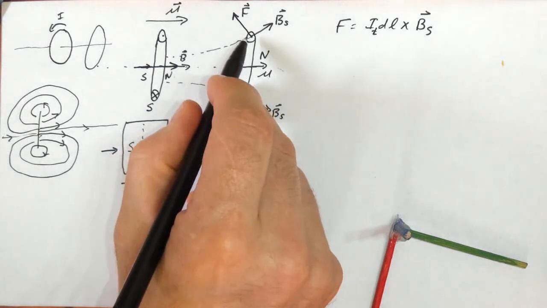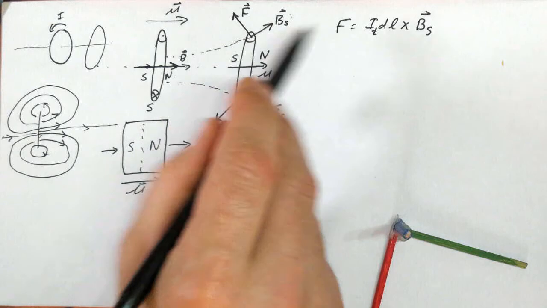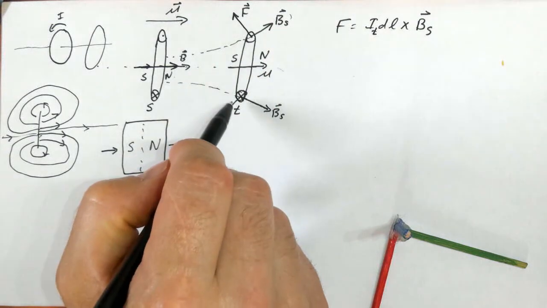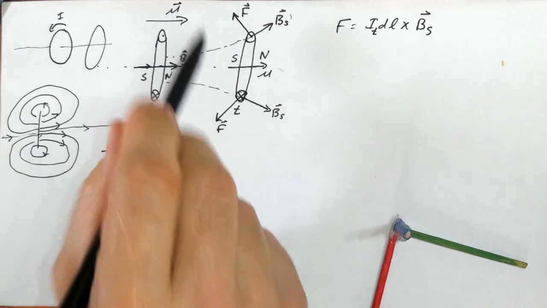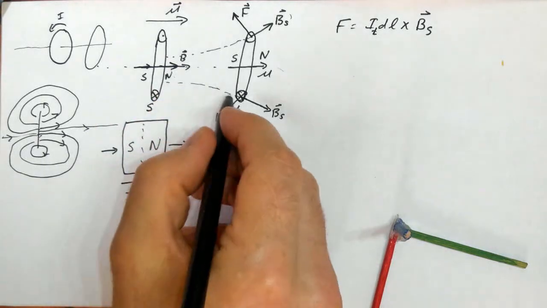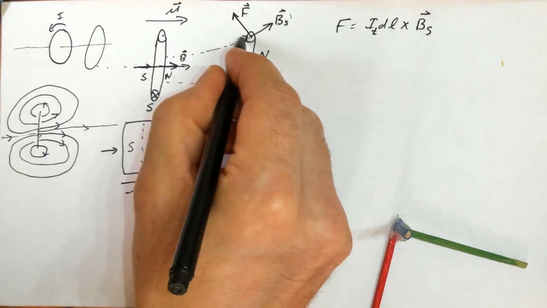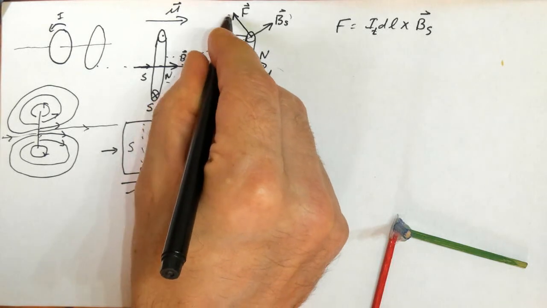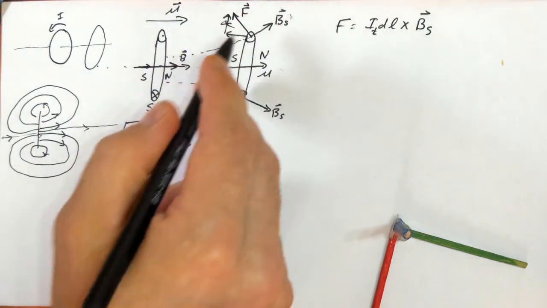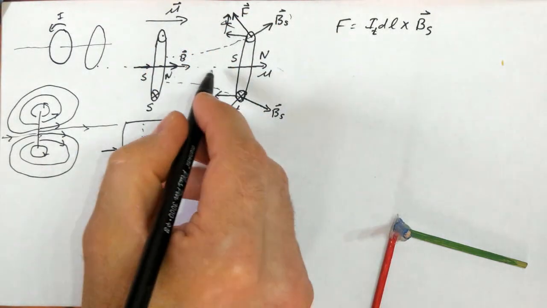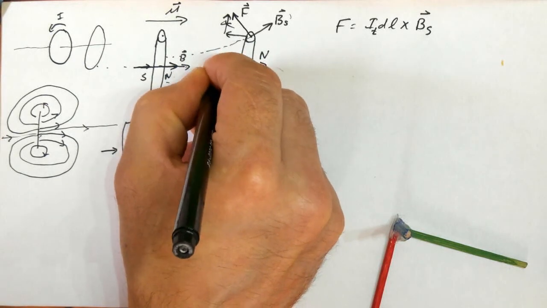So if this is symmetric, then the fields are the same, the current's the same, and if I choose the same amount of length there that I'm analyzing, these forces are identical and pointing those directions. Which, if that's the case, I can break them into components, one parallel to the axis of the loops and one perpendicular, and we can see that these cancel and we get a net attractive force. So we do get an attractive force. That would be F net.